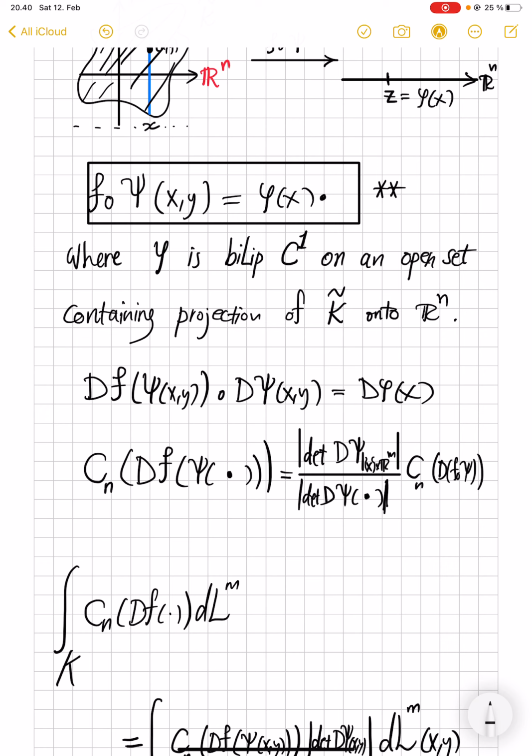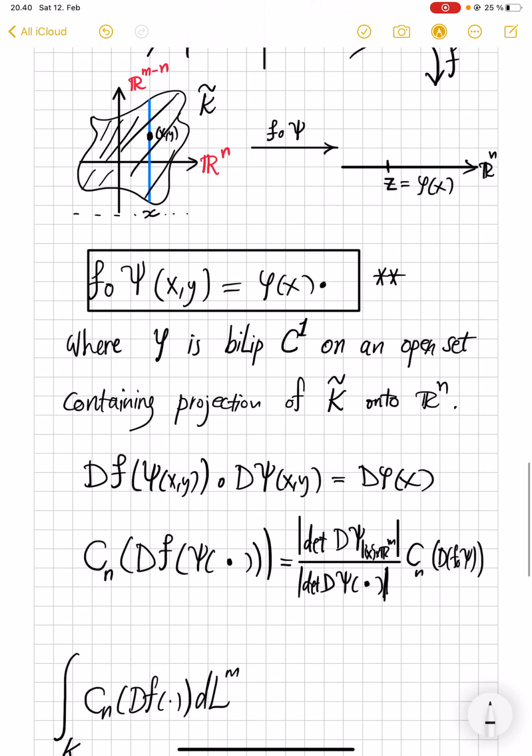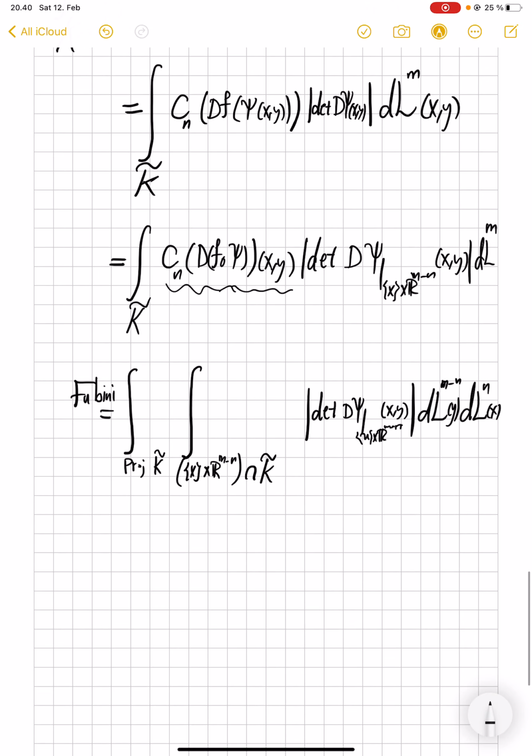And once you look at the orthogonal complement of the kernel of a linear map, whatever you get for the usual determinant is exactly the Coarea factor, because you're looking at the orthogonal complement of the kernel. And here, of course, the kernel of d(f o psi) is the vertical line. So this will be just d phi at x, absolute value of the determinant.